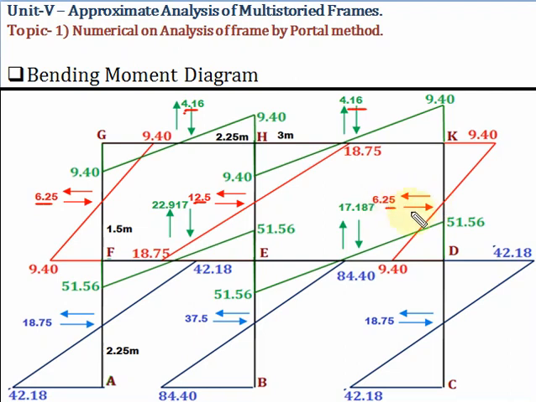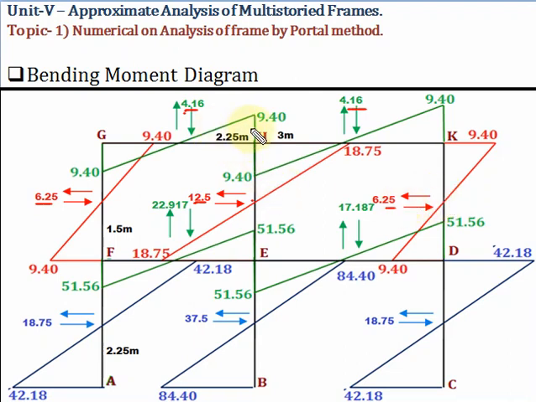So for the beam vertical force, and for the column horizontal force, you have to consider at that node. This is node number 1, this is node number 2. Here we have considered V1, here V2. Here the node number is 3. Here we have to consider H3, here H4, and here H5.